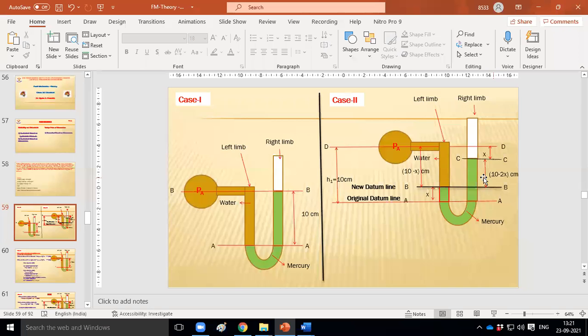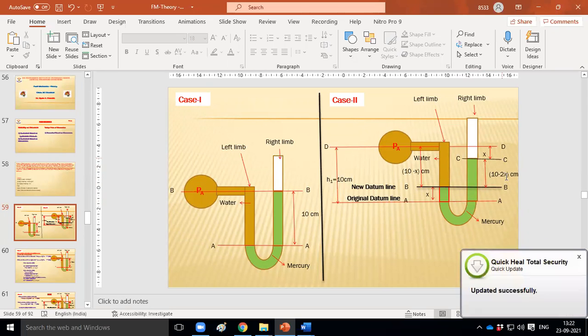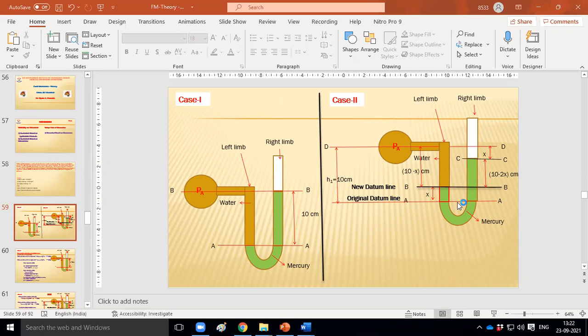But in case second, the level difference of mercury is how much? 10 minus 2x. 10 minus 2x is the level difference of the mercury in case second.